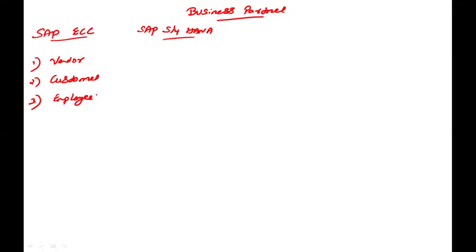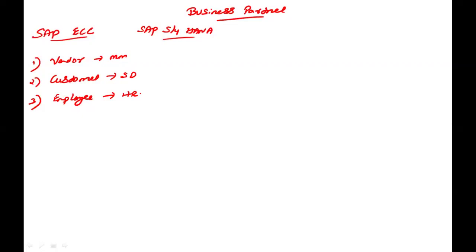So these three are master data. Vendor master comes under material management. Customer master comes under SD, sales and distribution. Employee master comes under the HR module. So each master data is handled by a different module: vendor by MM, customer by SD, and employee by HR.